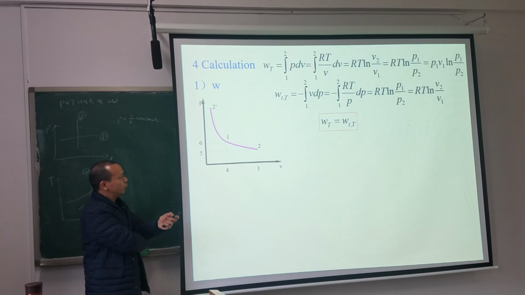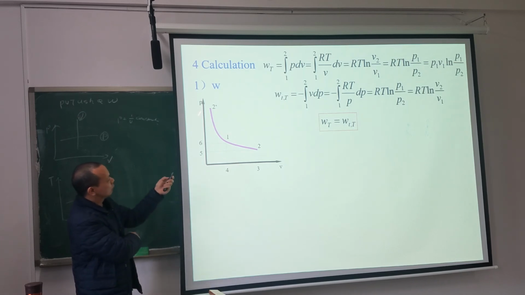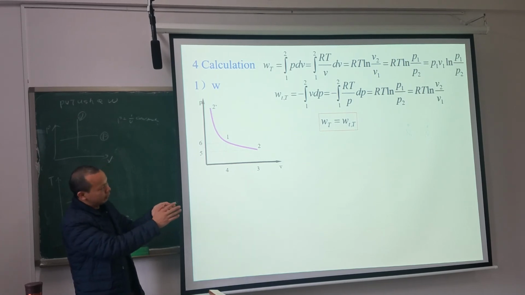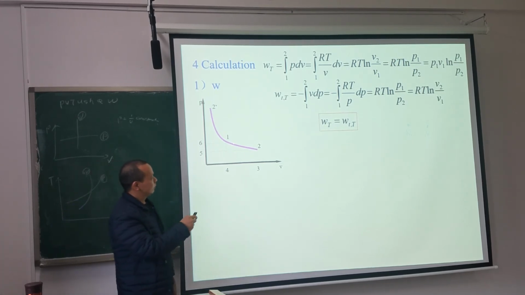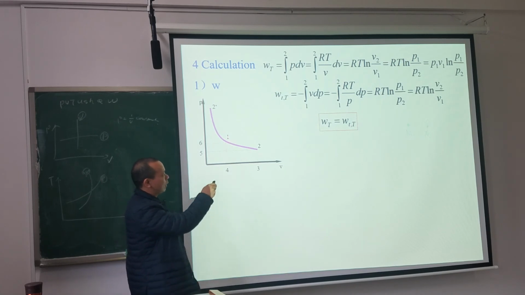Yeah. If we use the figure to explain it, we should know the area 1, 2, 3, 4, 1 must be equal to the area 1, 2, 5, 6, 1.